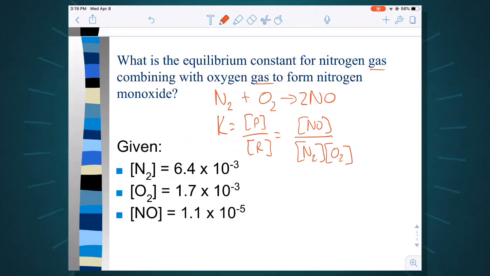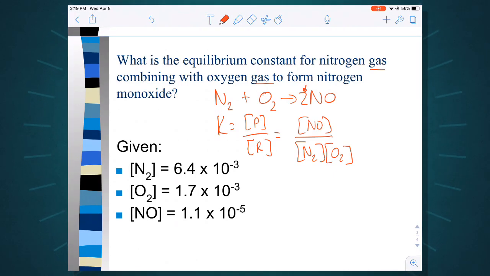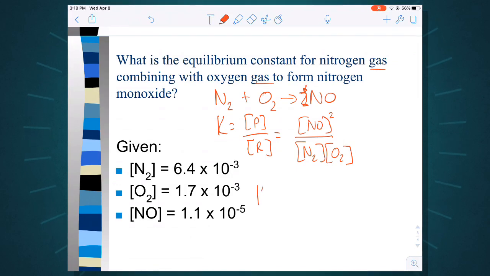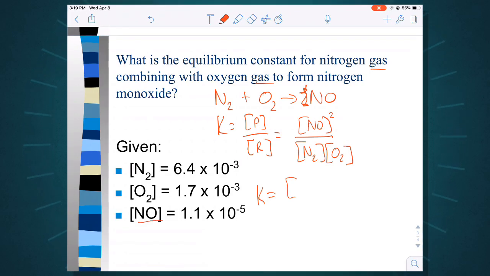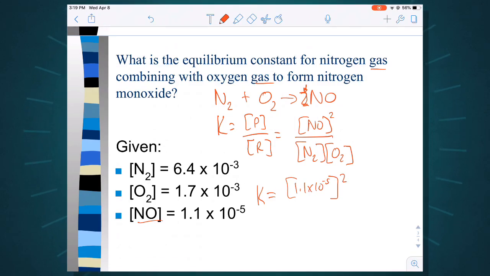Now there's one other thing we have to add here. In this particular equation, we have a coefficient. If you have a coefficient, that becomes a power. So since NO has a 2 in front of it, this is going to be squared. So when we go to calculate this value, we're going to have K is equal to NO, and NO is right here, so we're going to go 1.1 times 10 to the negative 5, and this is going to be squared.